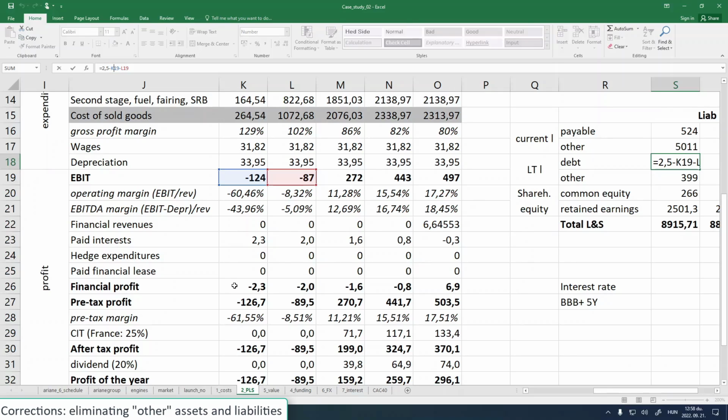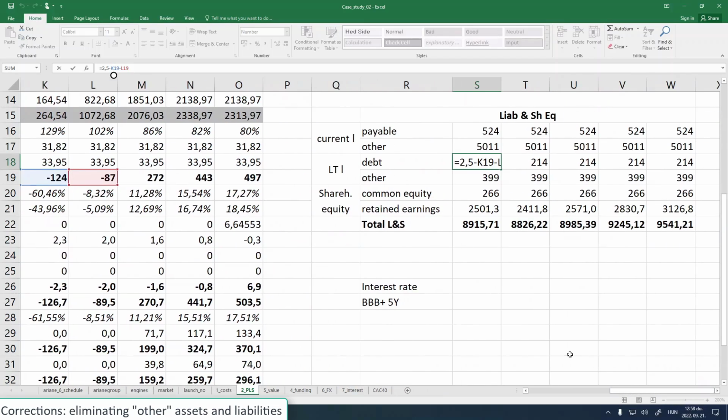Isn't it also included in the long-term liability? Yeah, the other. Because it's still other. I don't know what kind of long-term liability this is. It can also be an equity-like thing that maybe was provided by the owners of the company without any interest payment.